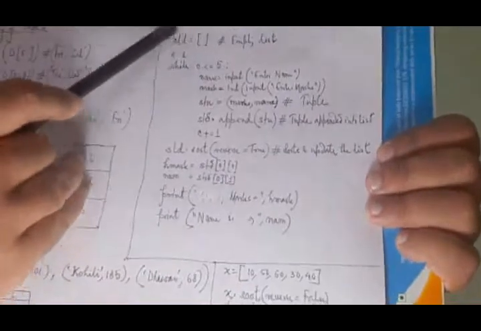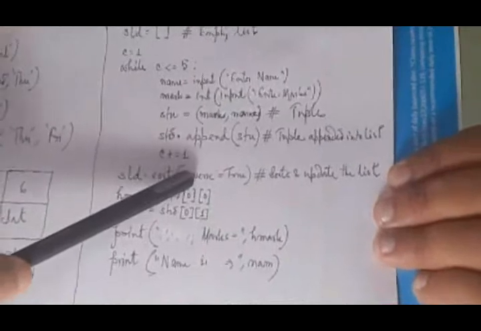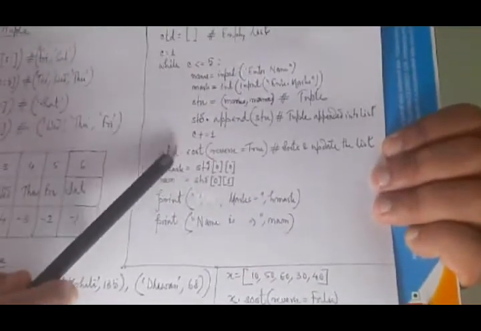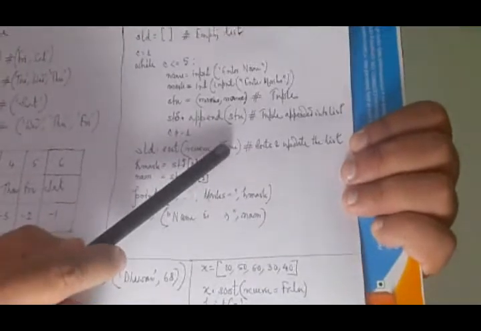So now we will work on the list. So std.sort reverse true. Reverse true does what? The highest value comes at the top, the lowest value goes to the bottommost array. So std.sort, values of std will be sorted, reverse true.